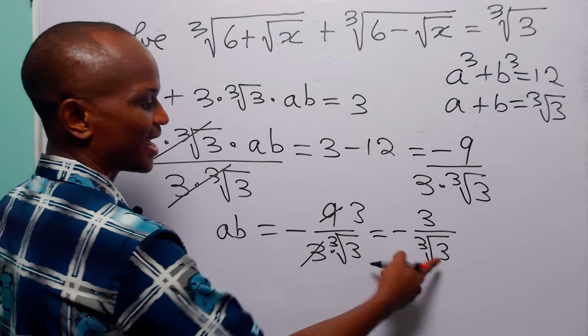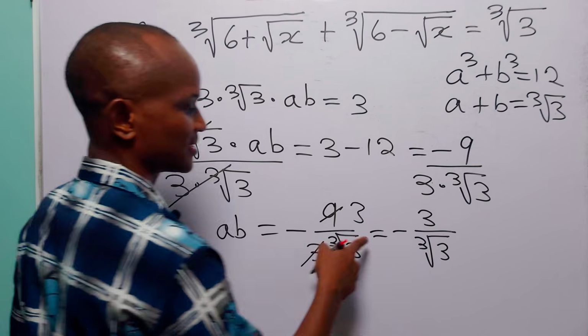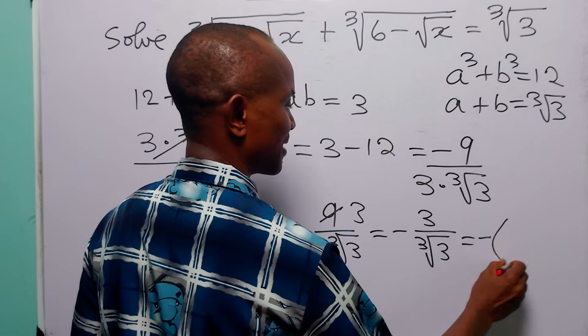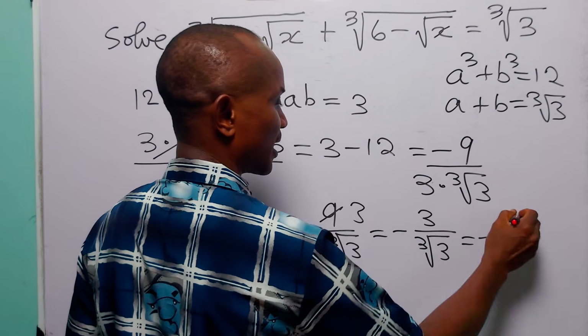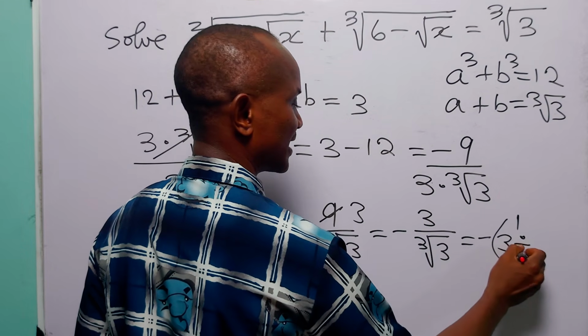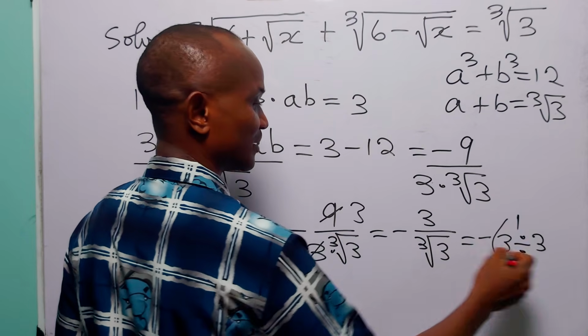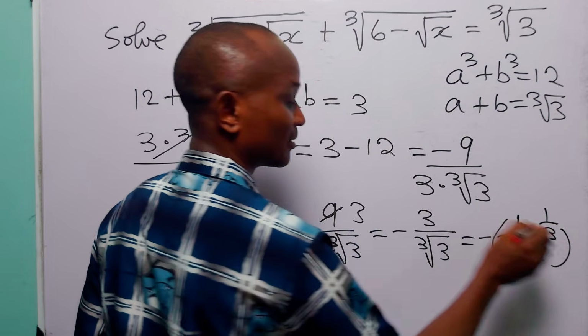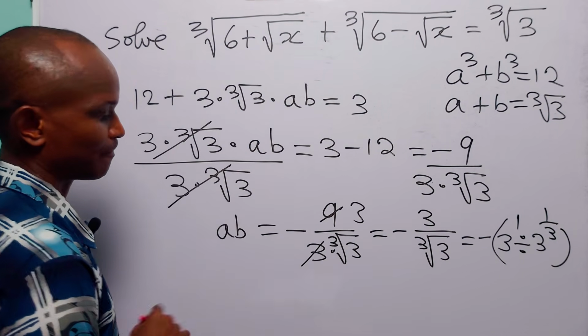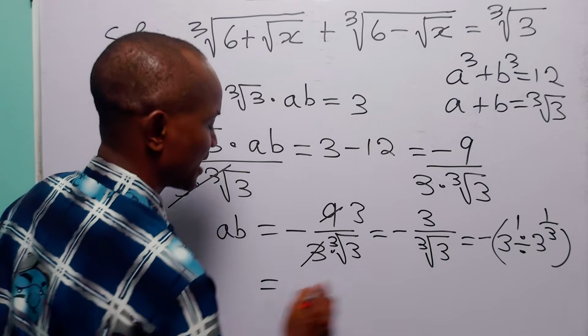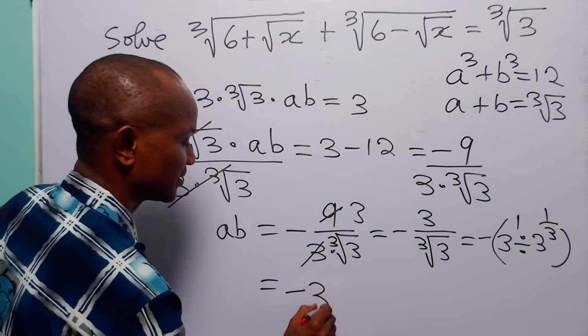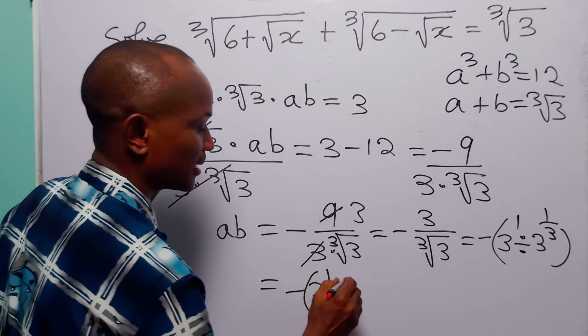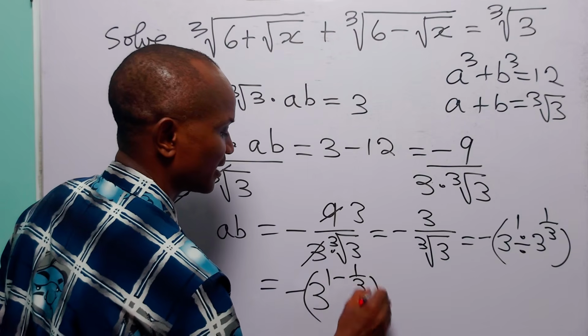Now we can simplify this using the laws of indices. This is equal to minus 3 to the power 1 divided by 3 to the power 1 over 3. We have minus 3 to the power 1 minus 1 over 3.